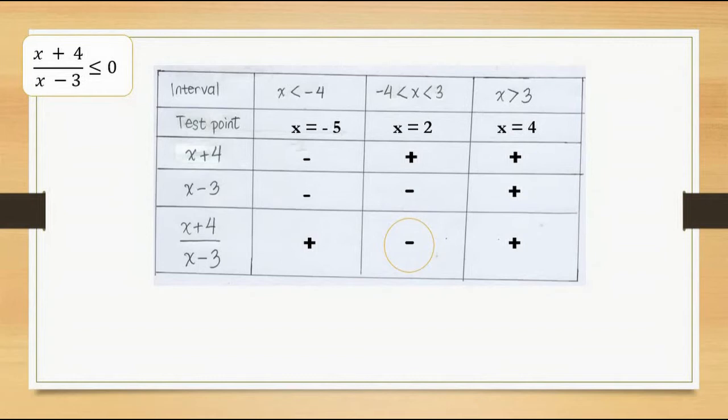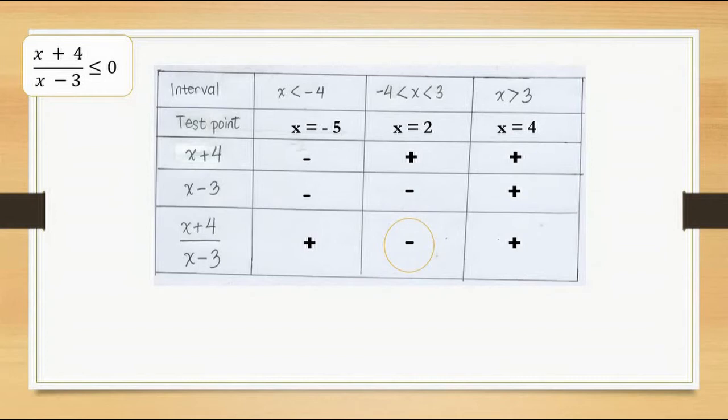According to the problem, (x + 4)/(x - 3) ≤ 0. So the sign that we are looking for is negative, since it is less than or equal to 0.